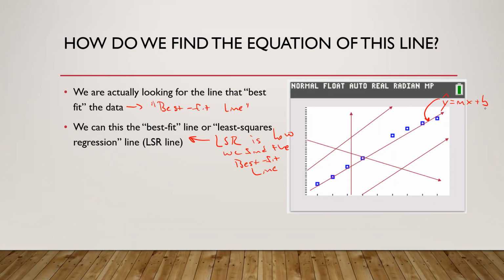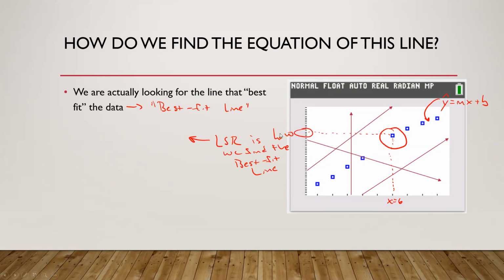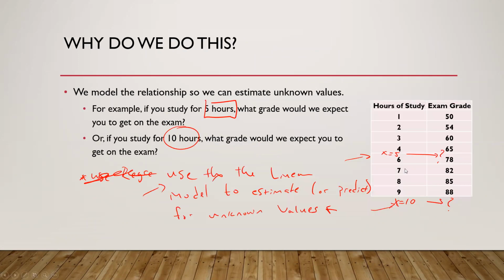Like, look right here. This is an X value of 1, 2, 3, 4, 5. This is an X value of 6 right here. And the data point, if you look back on the table, let me go back just real quick. Someone who studied for 6 hours, the actual value they got was a 78.